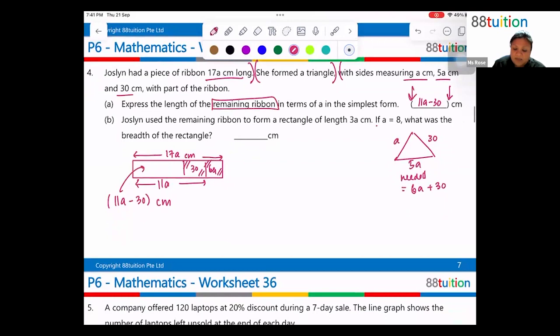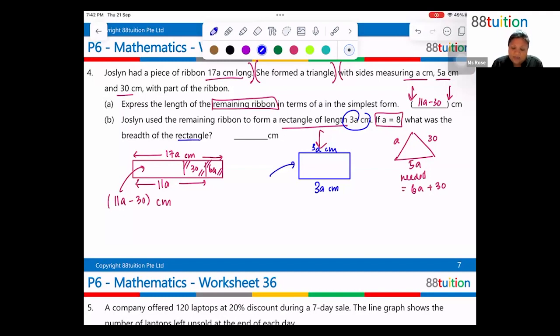Okay, now they tell me that A equals 8. So if A equals 8, it's a rectangle of length 3A cm. So I'm going to draw my rectangle. It says here, rectangle of length 3A cm. Now, what was the breadth of the rectangle?